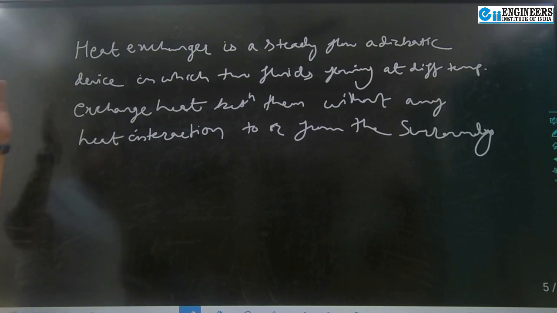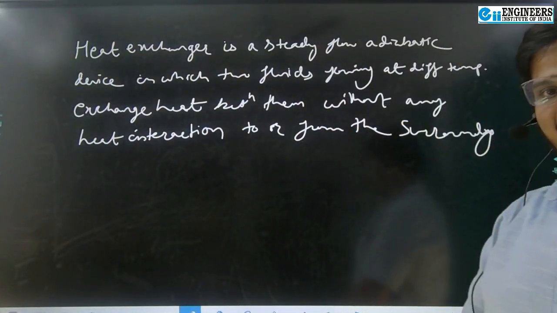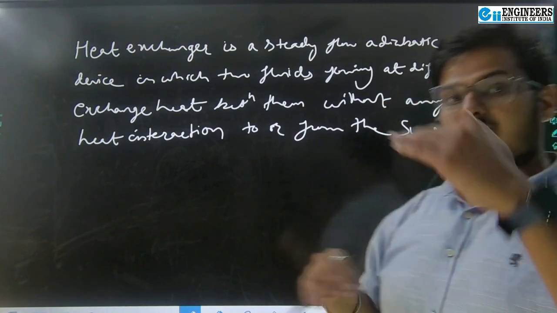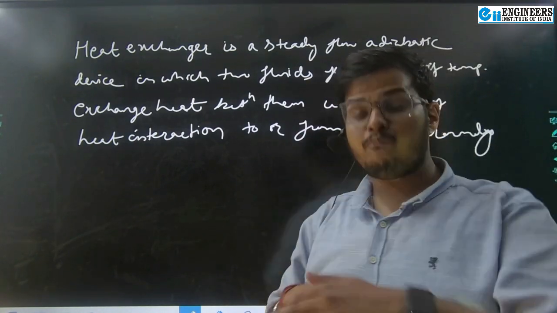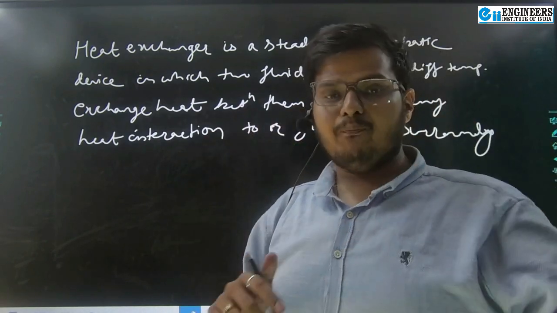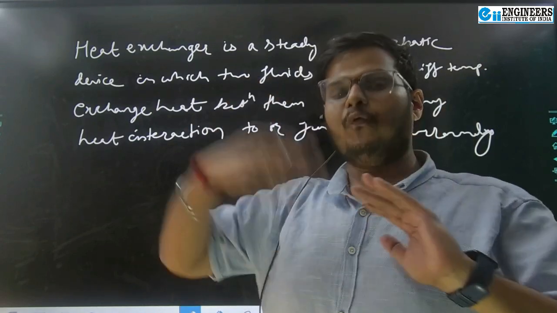So what is a heat exchanger? A heat exchanger is a steady flow adiabatic device in which two fluids flowing at different temperatures exchange heat between them without interacting with the ambience, or without making any transfer of heat with the ambience.